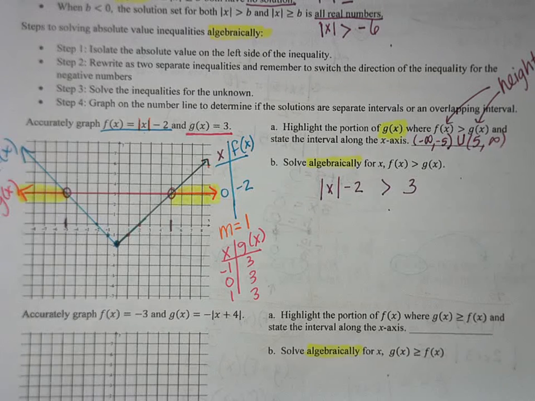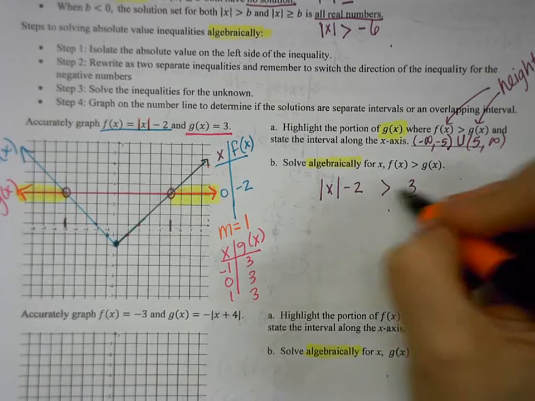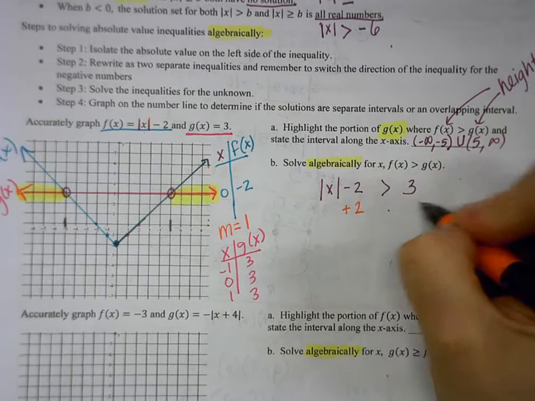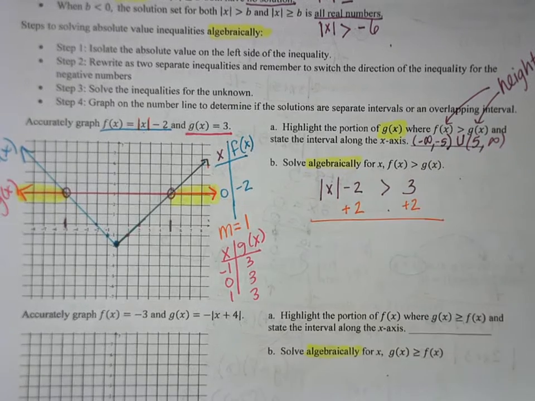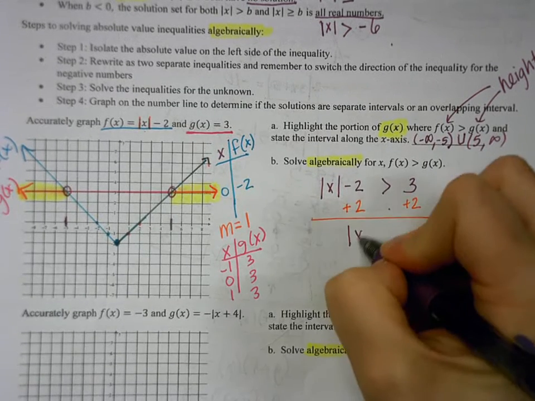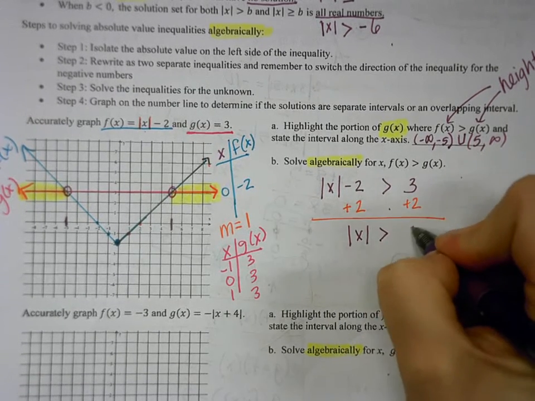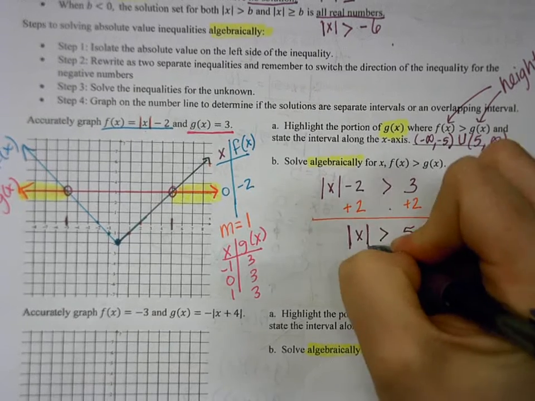Is my absolute value isolated? No. What is extra? Minus 2. So how do we get rid of subtraction? Addition. Very good. So plus 2 on each side. We get the absolute value of x is greater than 5.